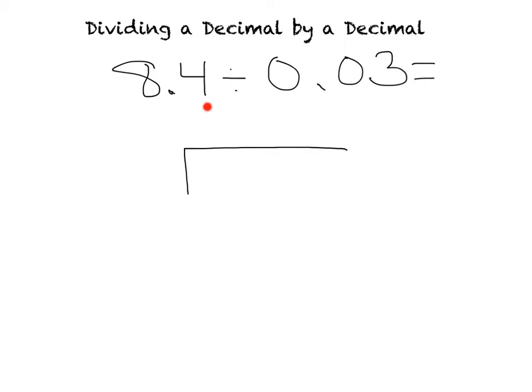The first number always goes on the inside, and the second number, which is the divisor, goes on the outside. Your dividend on the inside, 8 4/10, and then your divisor goes on the outside.